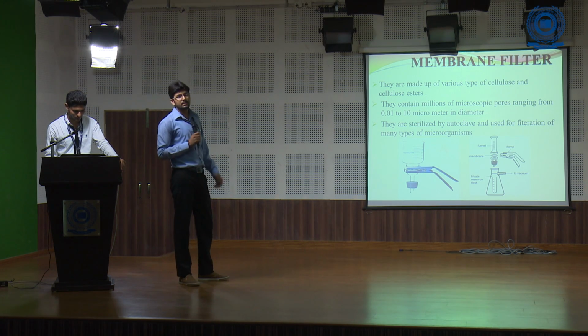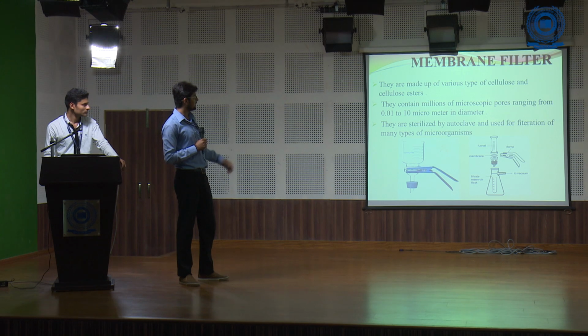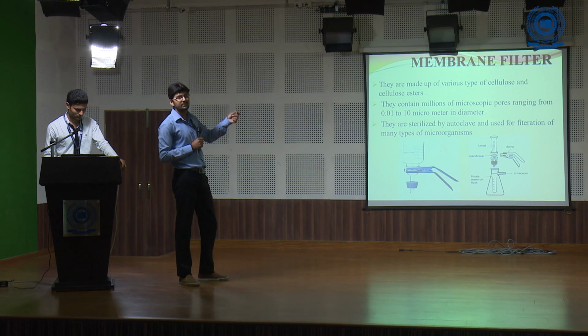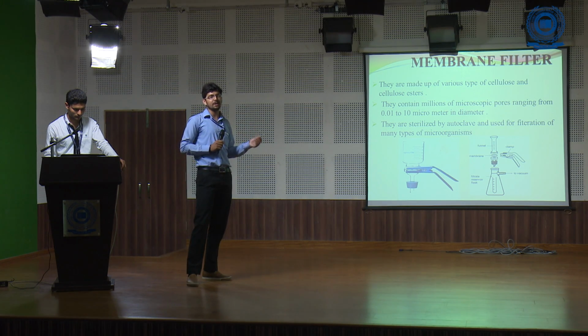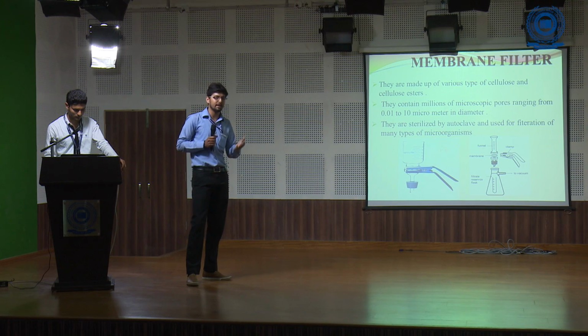Membrane filter. These filters are made up of cellulose and are used after sterilization in the autoclave, which is another physical method of sterilization. These filters have a pore size of 0.01 to 10 micron and are used for the isolation of different kinds of microorganisms and bacteria.